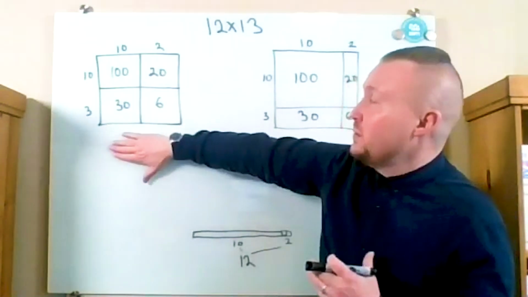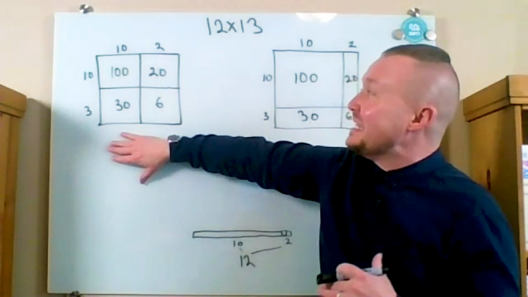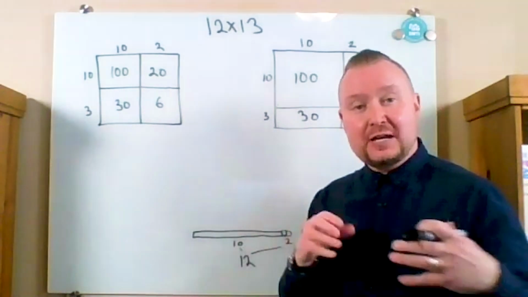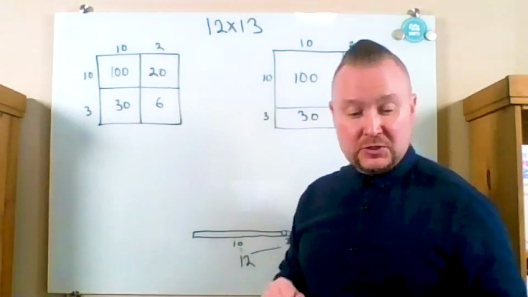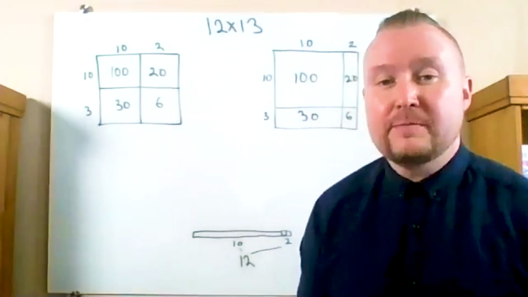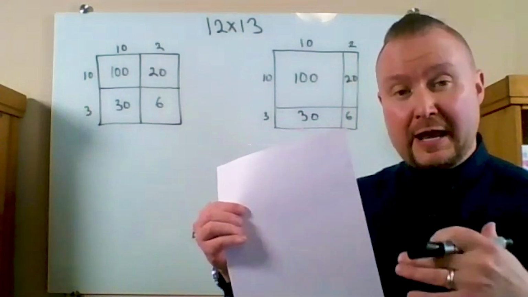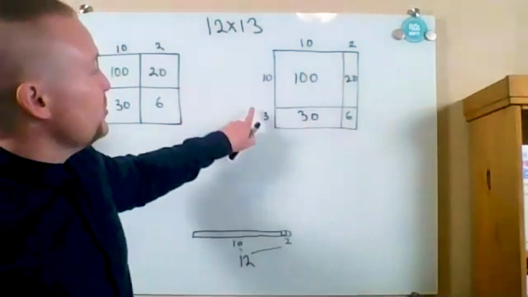Now, there's an issue with this method when you're dealing with numbers specifically, and that is that it's not accurate in terms of the relative sizes, the proportions between these different sections. If you were to actually map out on graph paper a 12 by 13 array, an area, it would look a lot more like this model that I've sketched out.